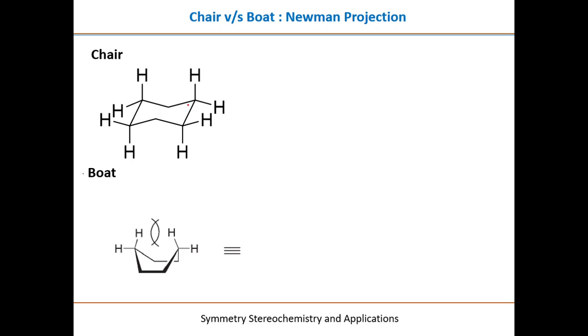Now we are talking about the hydrogen-hydrogen interaction. You can see there is not that much interaction of these two hydrogens as in the boat form. In the boat form, there is a flagpole interaction of hydrogen-hydrogen. That's why the strain is more compared to the chair one, right?